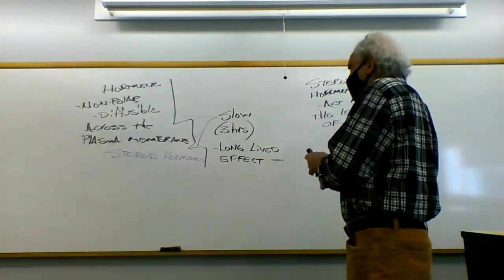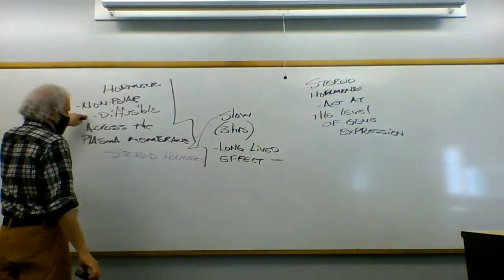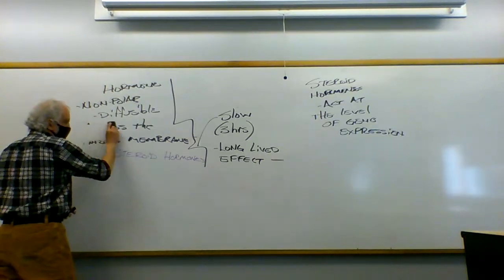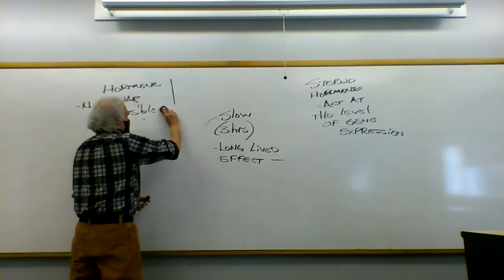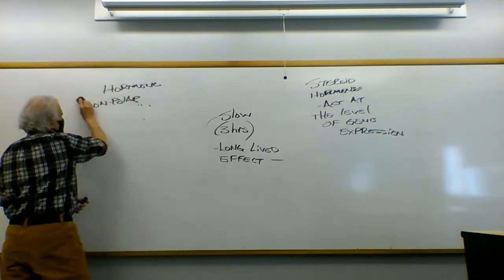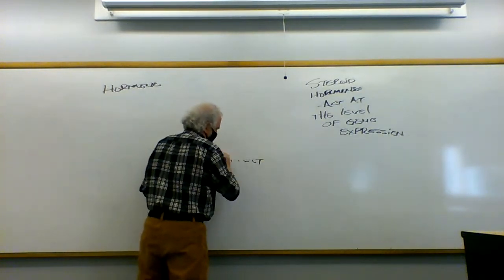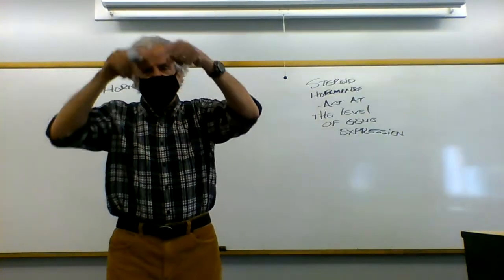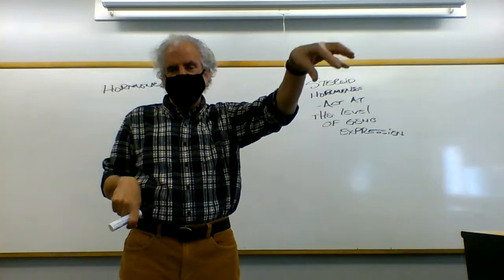Now, what about hormones that are polar? That is, they can't get across the plasma membrane. Glad you asked. So now, what we got here is the beginning of our chart, in which at the very top it says hormone signaling, and then we bifurcate and we have diffusible across the plasma membrane, i.e. steroid hormones.